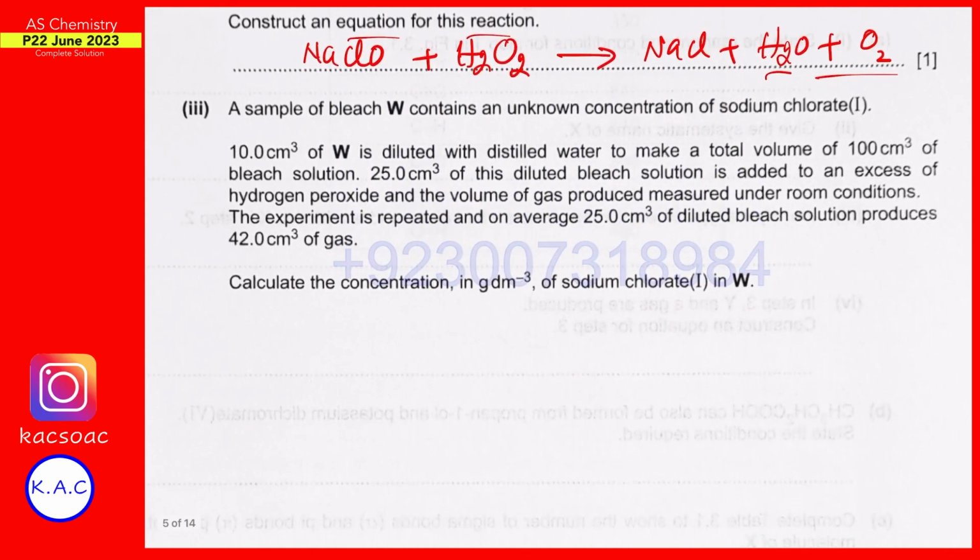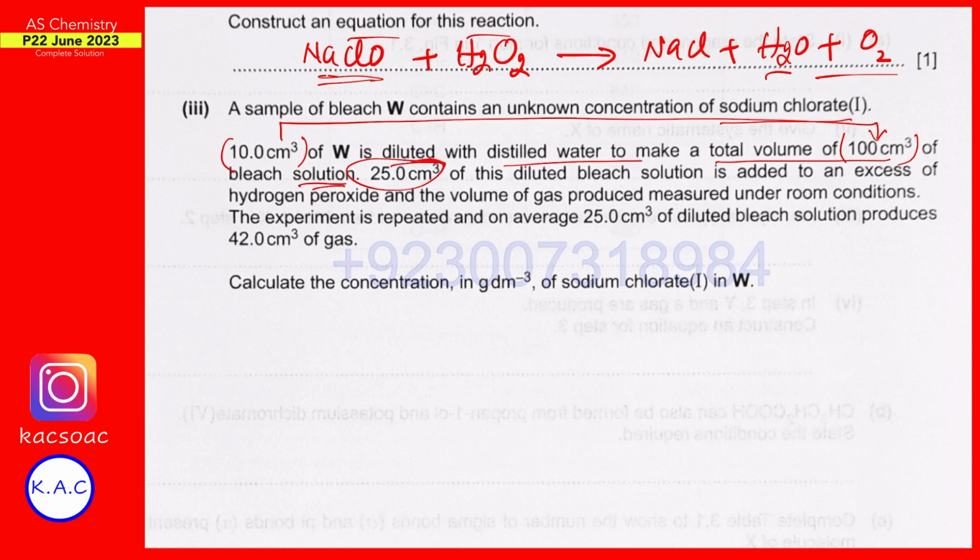A sample of bleach W contains an unknown concentration of sodium chlorate. 10 cm3 of W is diluted with distilled water to make a total volume of 100 cm3 of bleach solution. So first of all, we are making 10 cm3 solution into 100 cm3 solution, and from this we are taking 25 cm3 of this dilute solution.